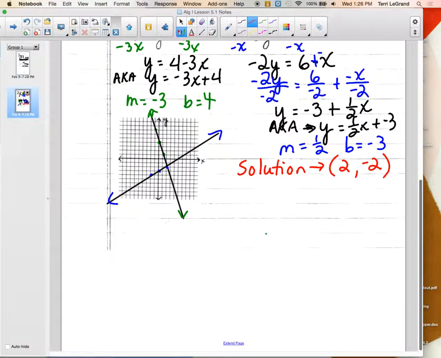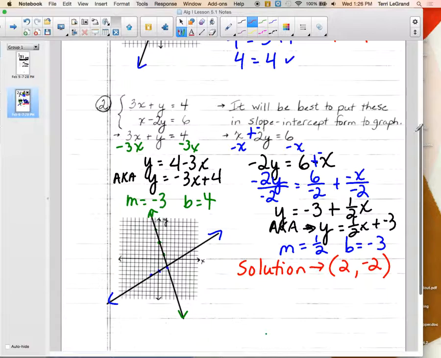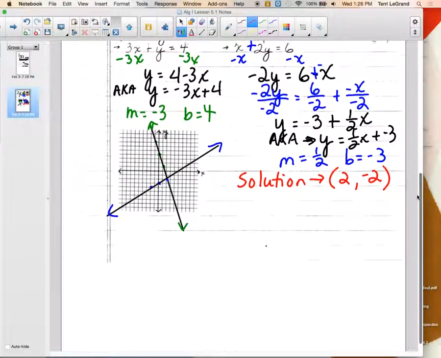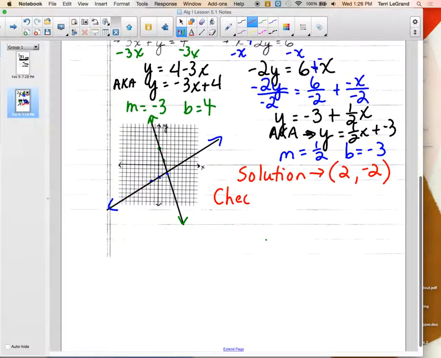If you put it into slope-intercept form incorrectly, you're checking your answer in your incorrect equation, and it's going to support your incorrect answer. So you need to check it where? In whichever form it was in. What was this given in? This was given in standard form, so we're going to check it in its standard form.